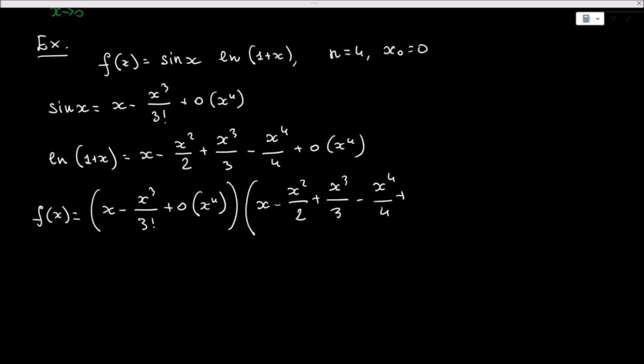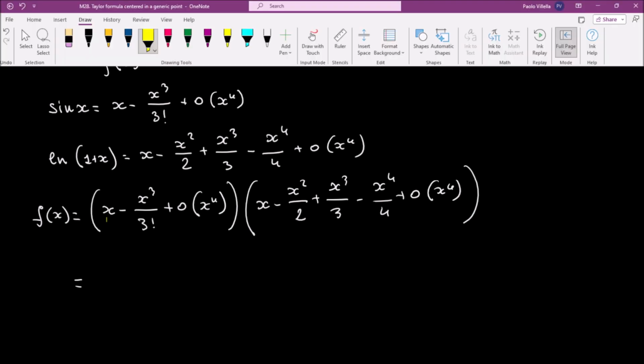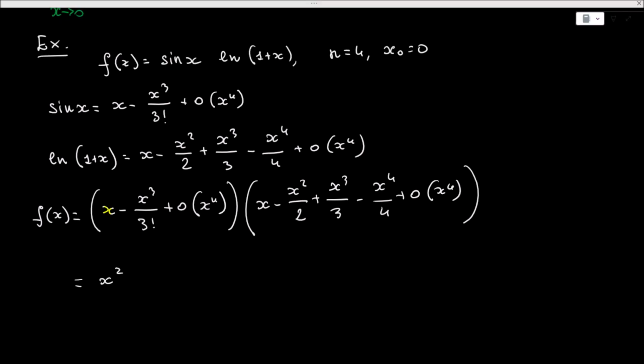And then if we do the multiplication, we first multiply x by all the other terms. Let's see what we get. We have x squared, minus x to the cube divided by 2.